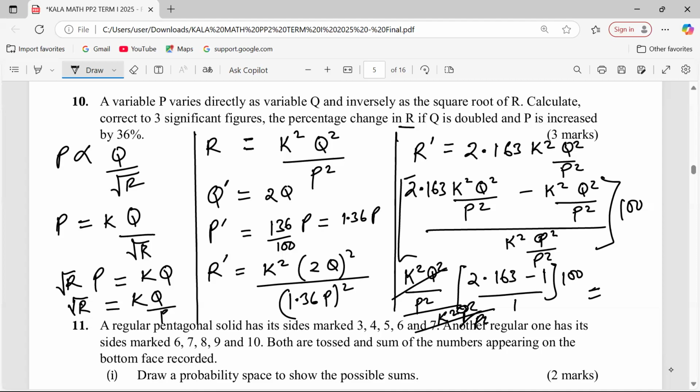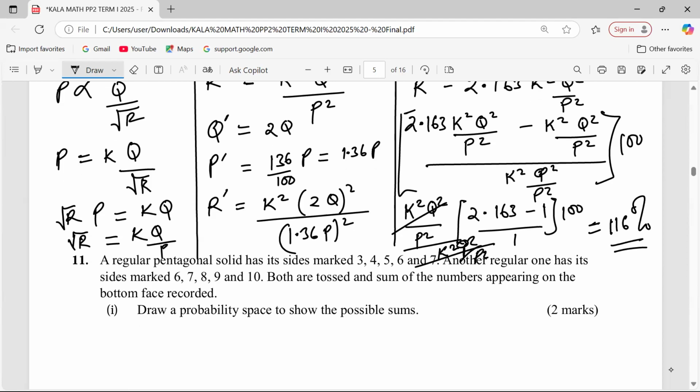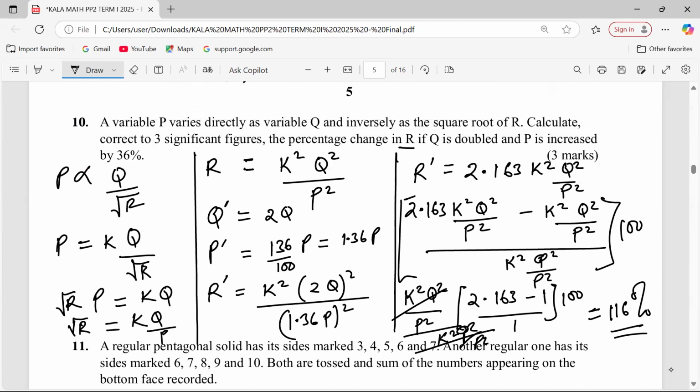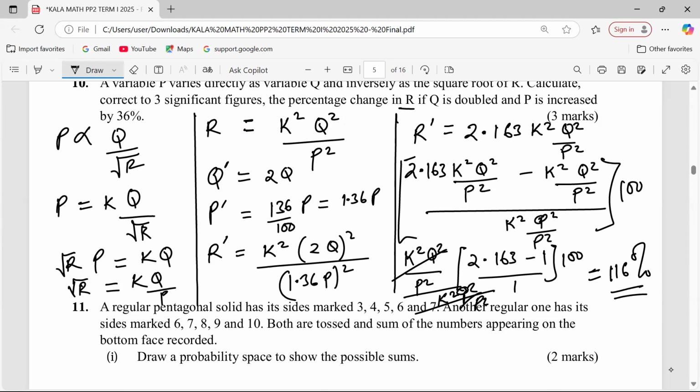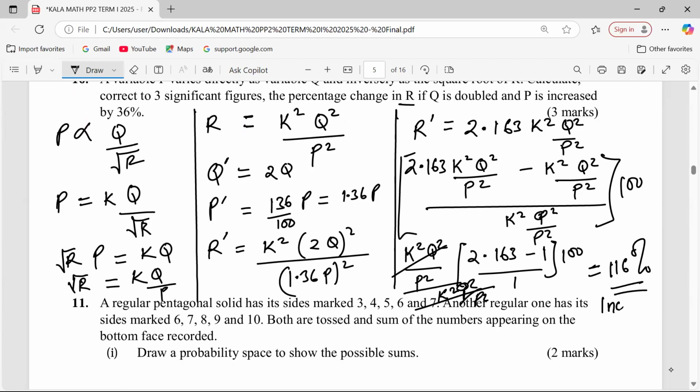This will be 116.3, and remember, we've been told to give 3 significant figures, so it will be 116%. That is the percentage increase in the value of R. It's an increase actually.